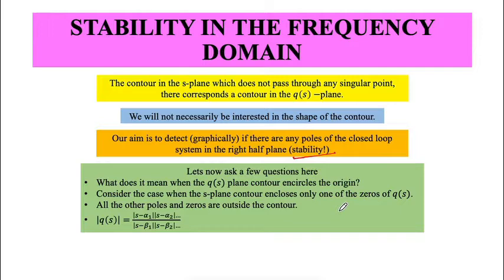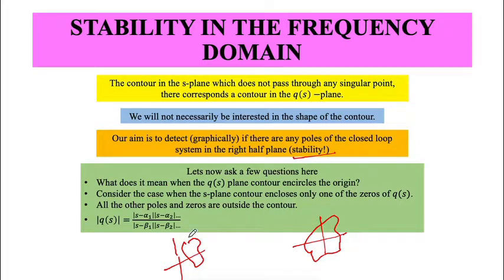So why am I not interested in the shape? It could be this one which we have seen earlier, where we had some shape in S, and then that has been transferred. So why am I not really interested in the shape?